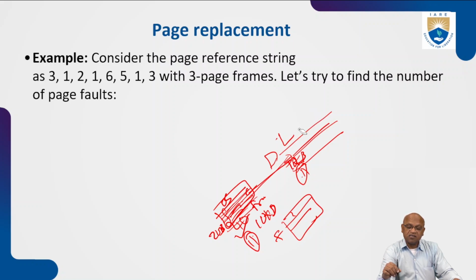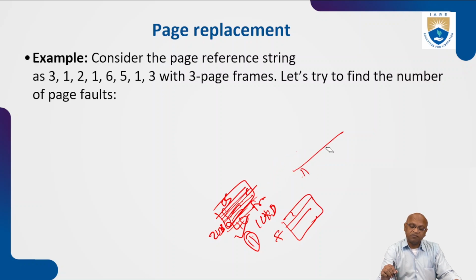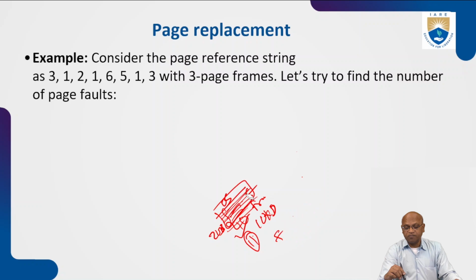What it means is that in the RAM only 3 frames are available. So for our execution, the pages required are 3, 1, 2, 1, 6, 5, 1, 3. These are the required page numbers in the hard disk. For the execution of this, we go for the page replacement algorithm.